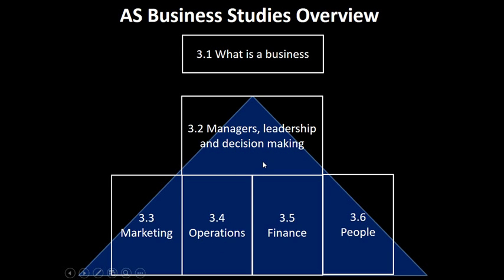Now, decisions at a corporate level are made at this level here by managers, and then they are passed down to the different functional areas. This unit focuses on managers and leadership and how they make decisions, etc.